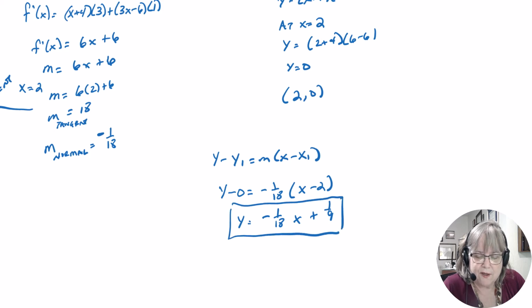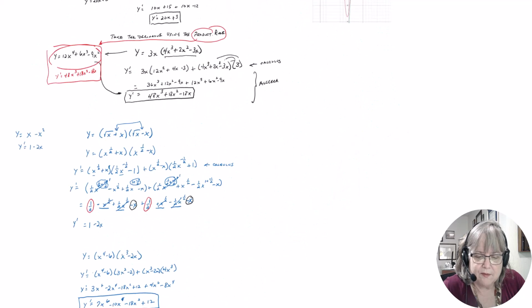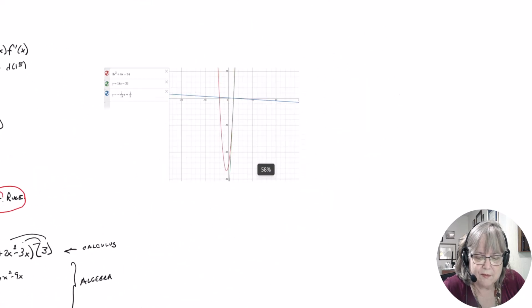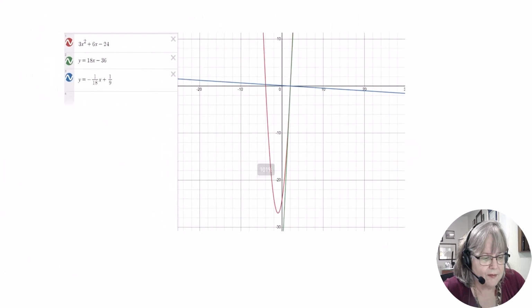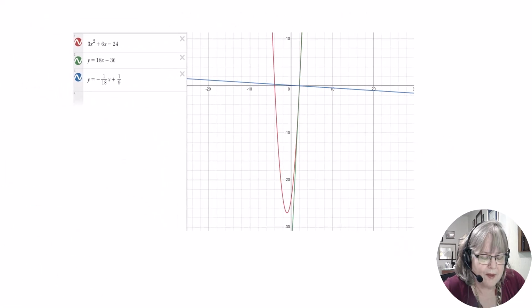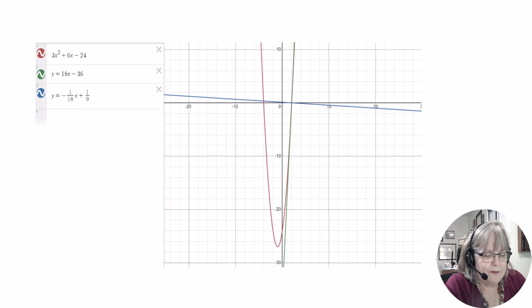And just to show you, this red part is the original function, because the original function was y is equal to (x plus 4) times (3x minus 6), which is this part right here.